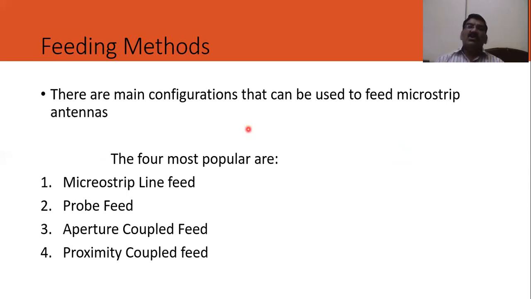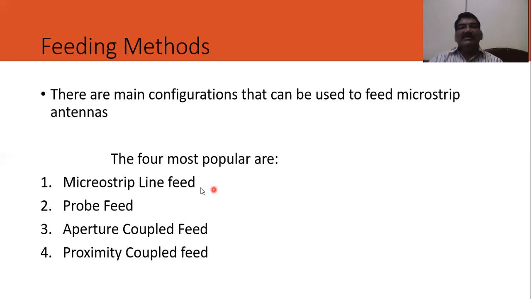Out of these four, two are again the most popular. The third and fourth are very rarely used because they are somewhat complicated. The first is the microstrip line, and the second is the probe feed. In most applications these two are used, and the third and fourth are rarely used for specific applications, because they are somewhat complicated.